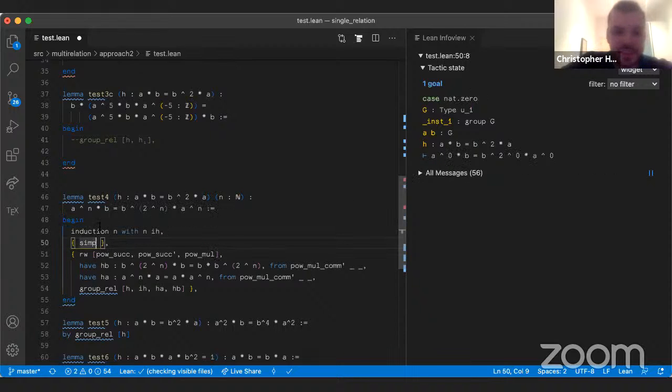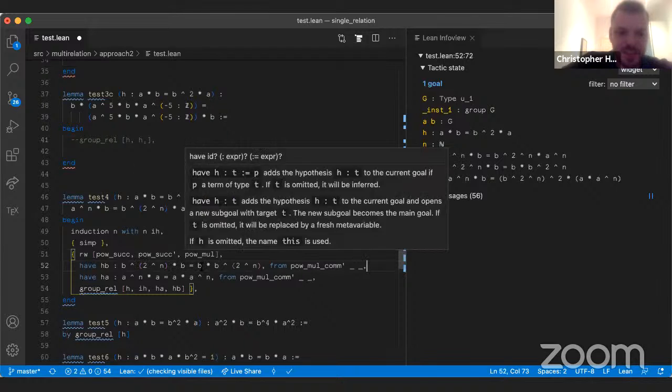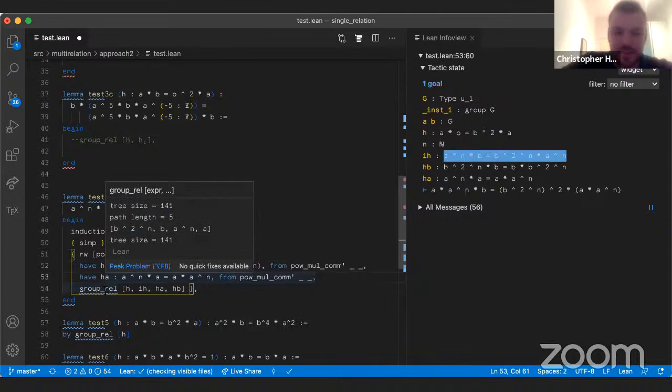You do induction, and if I just feed it the hypotheses that b and b to the 2 to the n commute, and that a to the n and a commute, and this could be done automatically at some point, then it proves this goal very easily. You can see the tree size there. It searched 141 different words, and it did it in 5 steps.